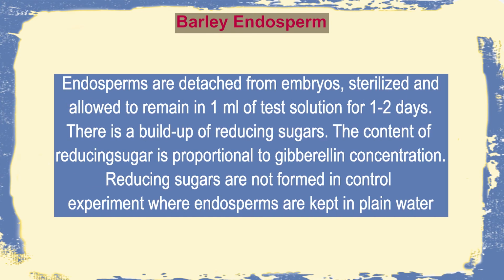So, measurement of reducing sugars in the endosperm is also a good bioassay method. If the test sample contains gibberellin, it will increase the level of reducing sugars in the endosperm, and we can measure it, and the quantity of reducing sugars present is proportional to the amount of gibberellin present in the test sample.